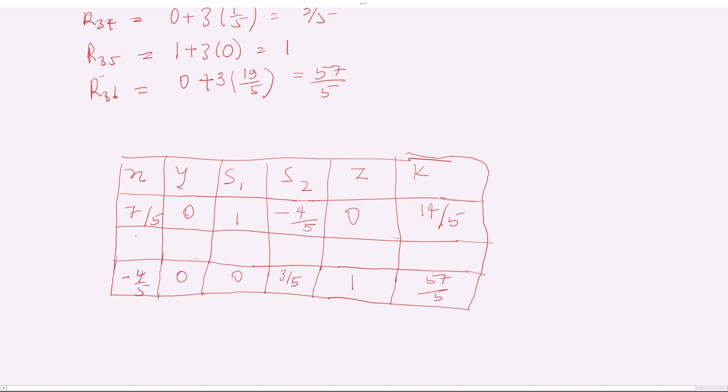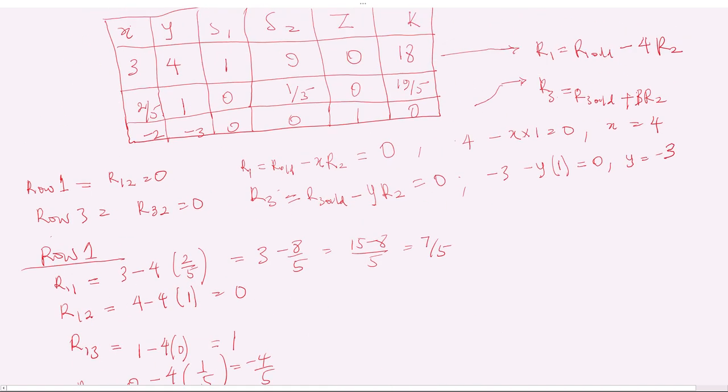This should be 2 over 5. This should be 1. Then this should be 0. Then this is 19 over 5.